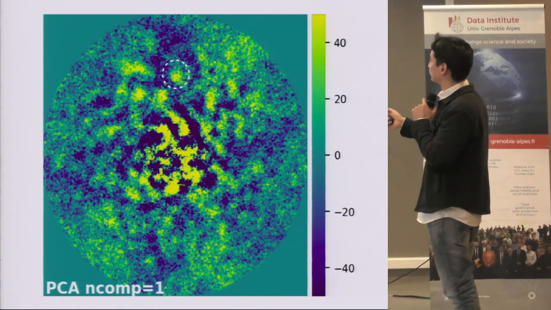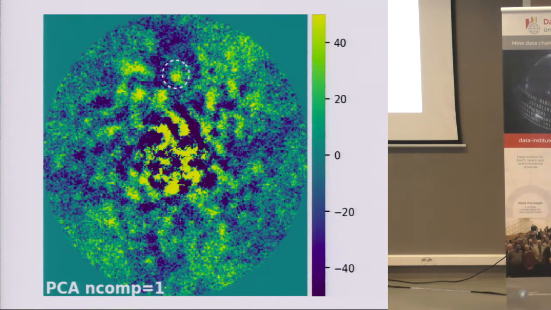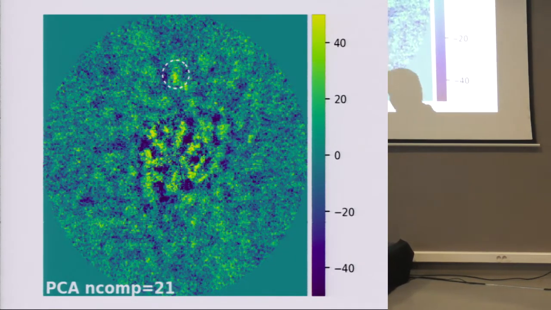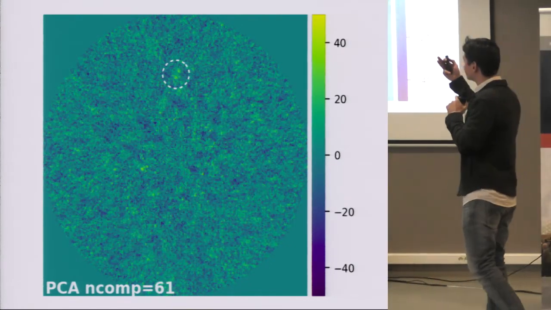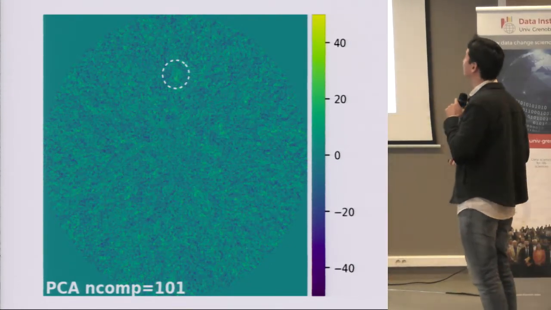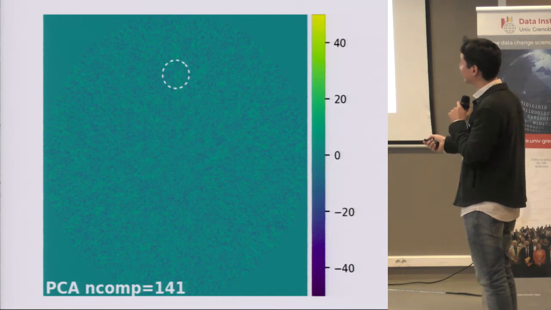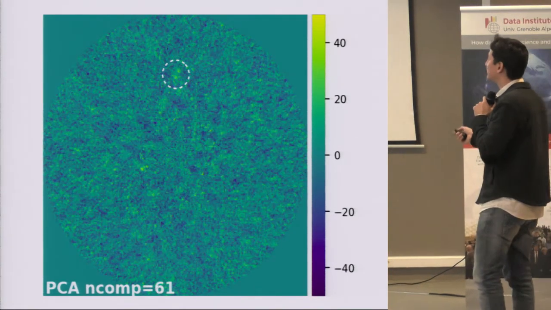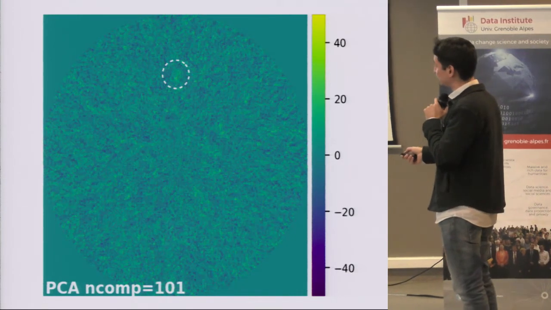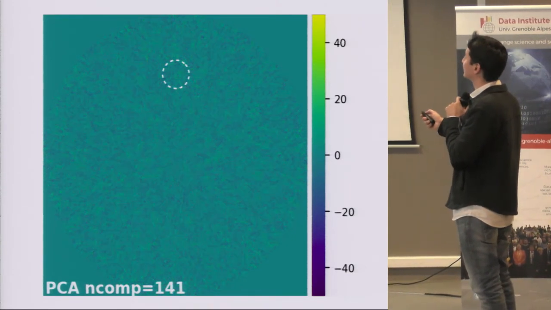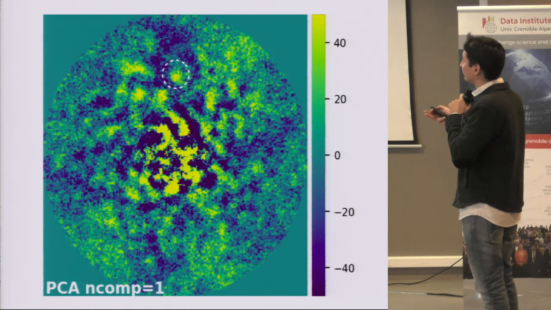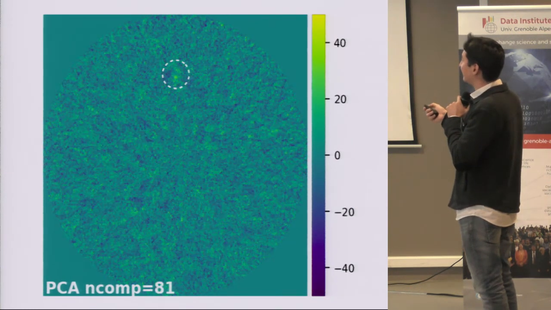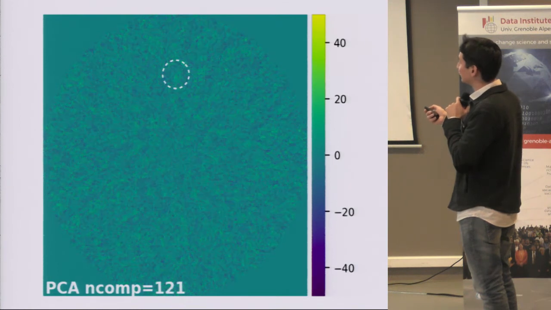Again, just to illustrate, what is the problem with this modeling of the images? In this case, let's use PCA and try to model that. Let's try to use more principal components, and you see that there is a trade-off between the reduction of the noise and the signal that you get from the planet.